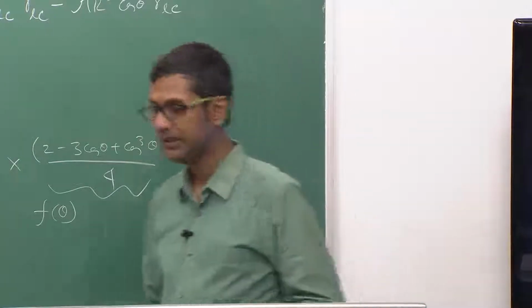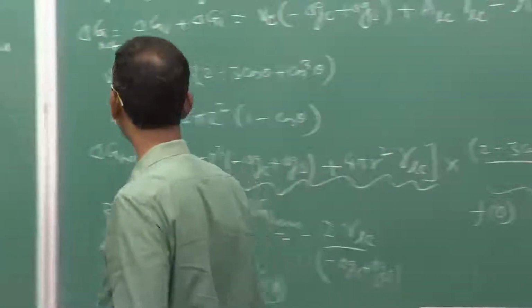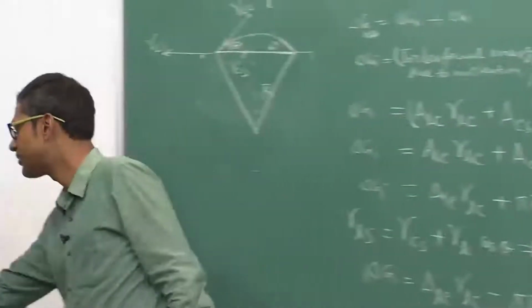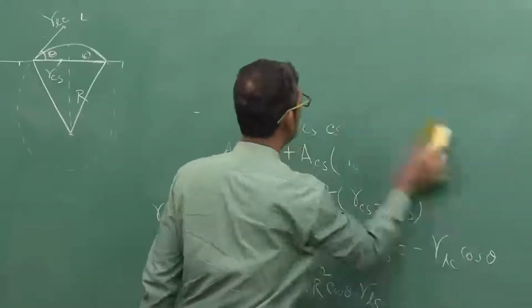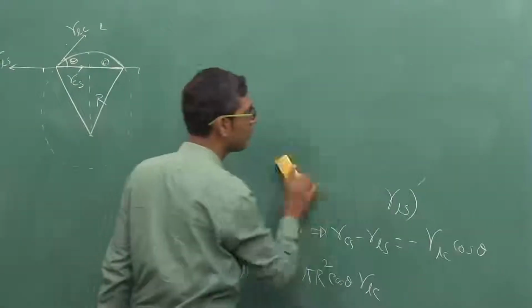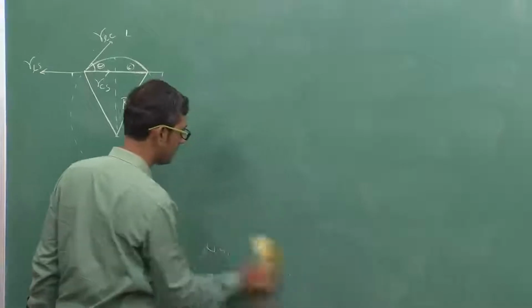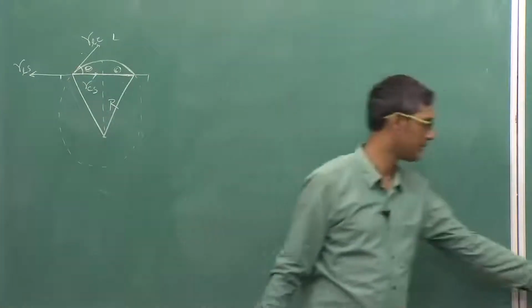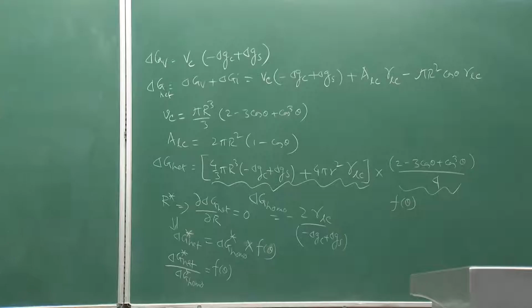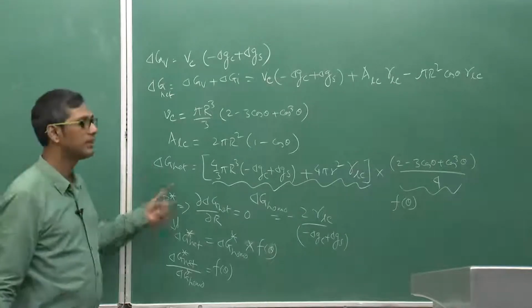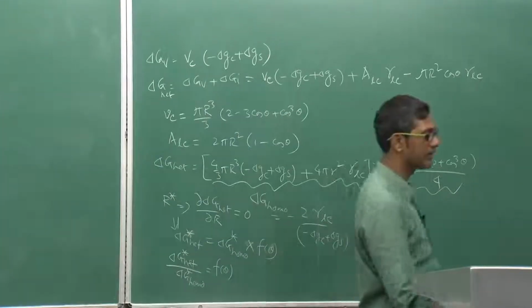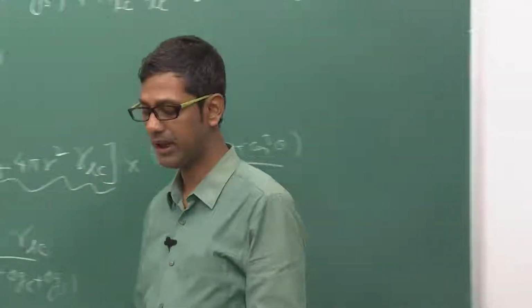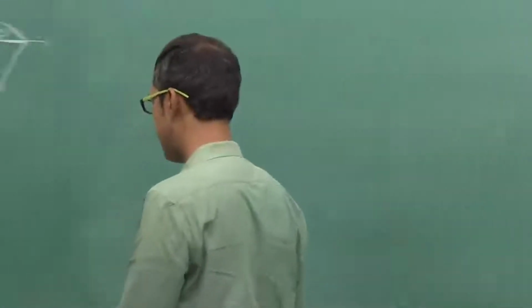To do that, let me just erase this part, because that function f theta is going to make all the difference between heterogeneous and homogeneous nucleation, since f theta comes everywhere, in the ratio of the barrier heights. So let me write down the values of f theta. I have calculated these from the book.